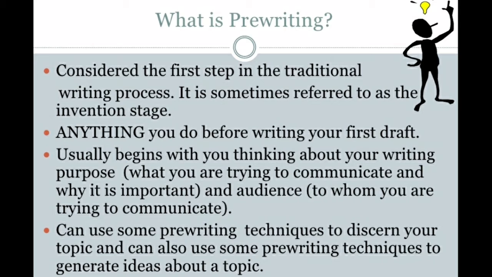The first point is, pre-writing is considered the first step in the traditional writing process. It is sometimes referred to as the invention stage. Okay, so this pre-writing is the first step. First step in the sense that you will have a rehearsal, isn't it?